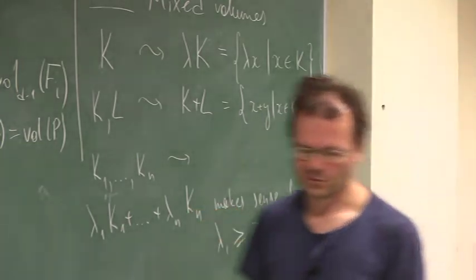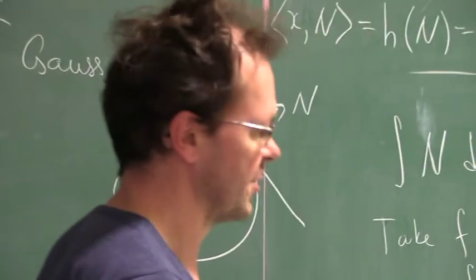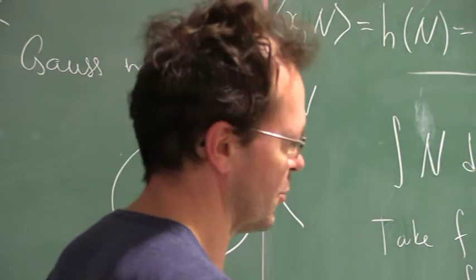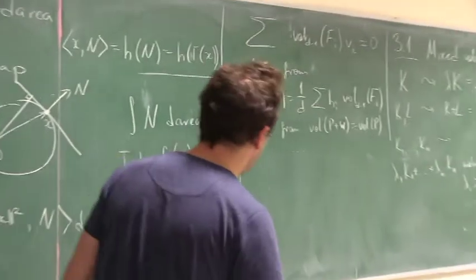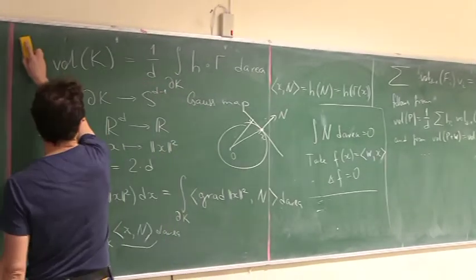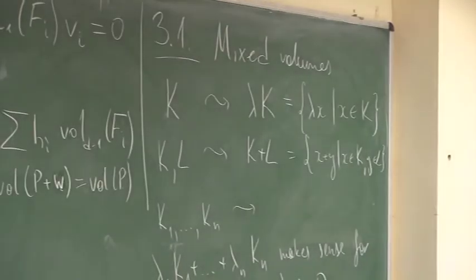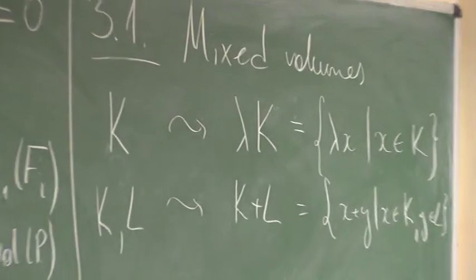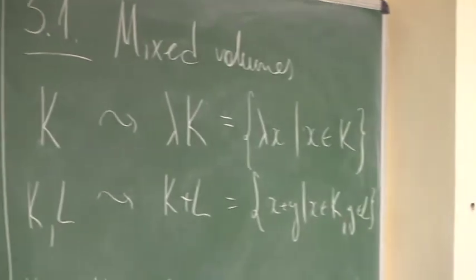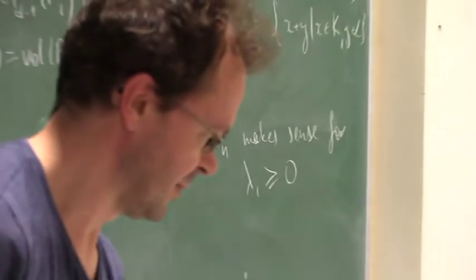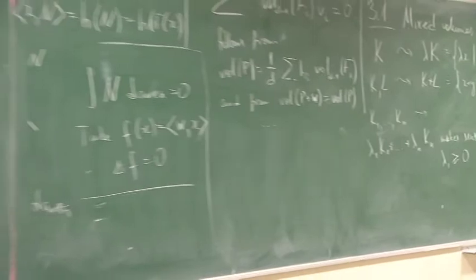So this non-negative combination of convex bodies makes sense, and what we want now is to compute the volume of this combination. And this is a theorem by Minkowski.